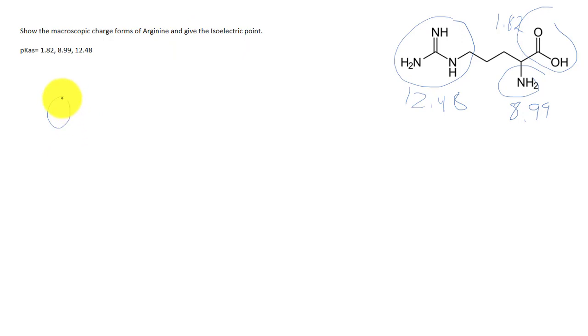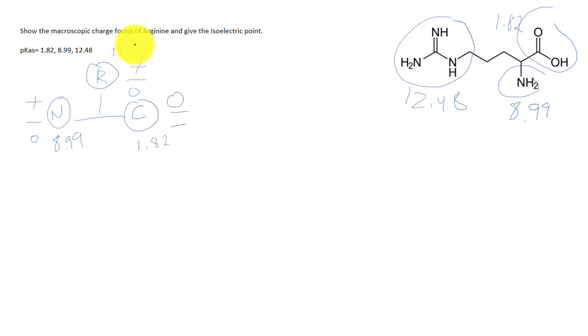Okay, so I'm going to do my charge forms. We can do this really easily again, just like we did on the last two. Our N is positive, neutral. At the pKa of 8.99 it switches. Our C is neutral, negative. At the pKa of 1.82, that will switch from one to the other. And our R group has nitrogens in it, as you can see. If it contains titratable nitrogens, it is also positive, neutral.